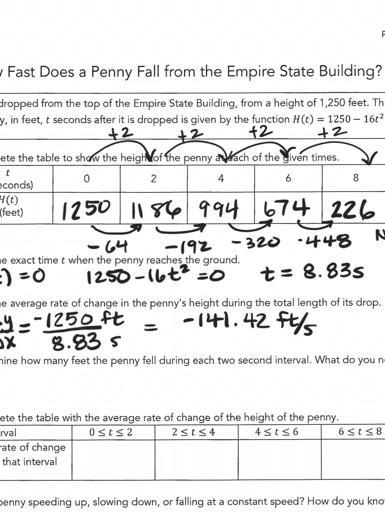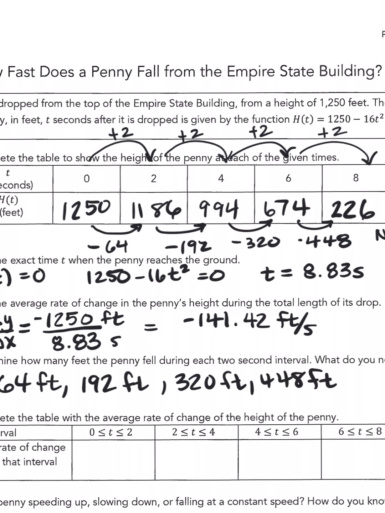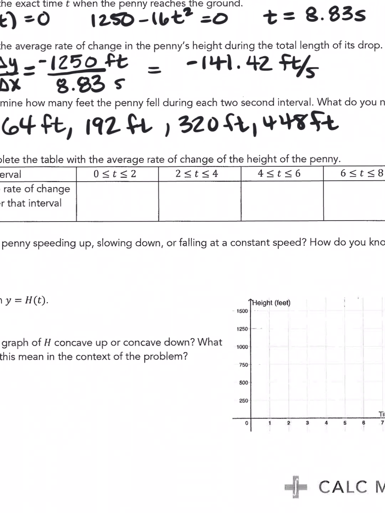Determine how many feet the penny fell during each 2-second interval. I did that, didn't I? It fell 64 feet, 192 feet, 320 feet, and then 448 feet. What did we notice? It's getting what? Yeah. The distance is increasing, right?